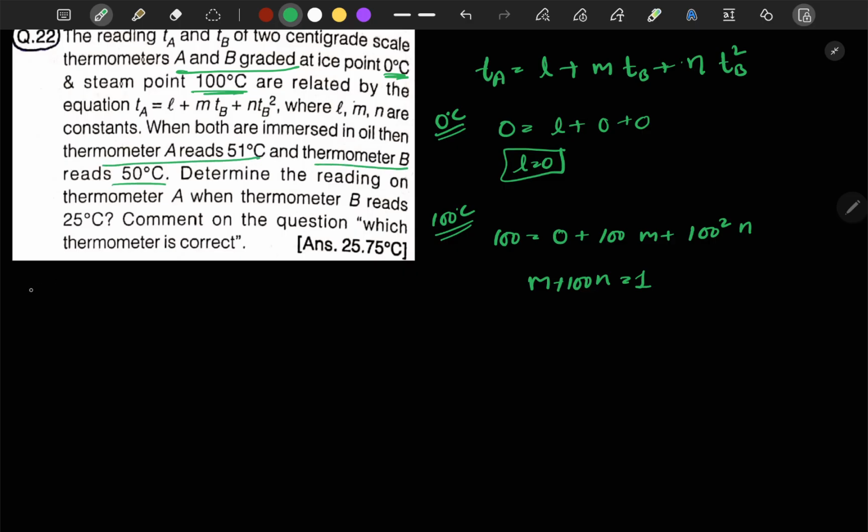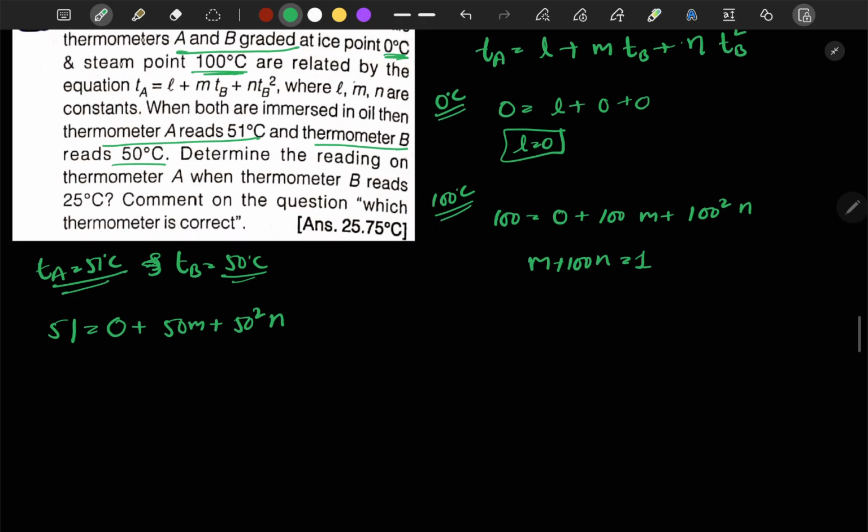So third point is TA is equal to 51 degrees Celsius and TB is equal to 50 degrees Celsius. So we will also use this in the equation: 51 is equal to 0 plus 50 M plus 50 square N.